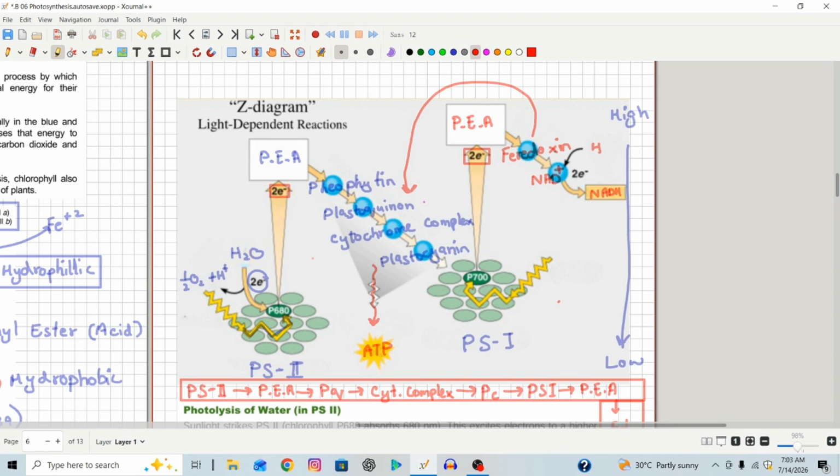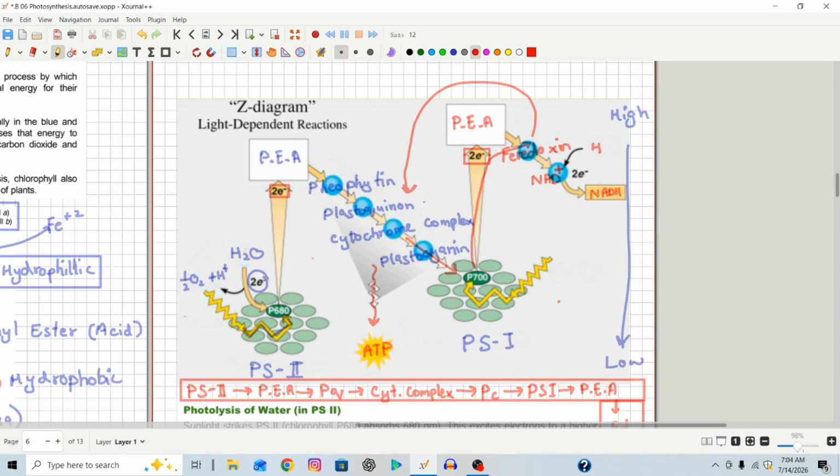The cytochrome complex will give them to plastocyanin, and plastocyanin will give them to photosystem 1, and that's how the cycle keeps going again and again. Ferredoxin goes back to the cytochrome complex, which gives it to photosystem 1, and that's how cyclic photophosphorylation keeps going. As you can see, in cyclic photophosphorylation, photosystem 2 is not being used and water is not being broken down.